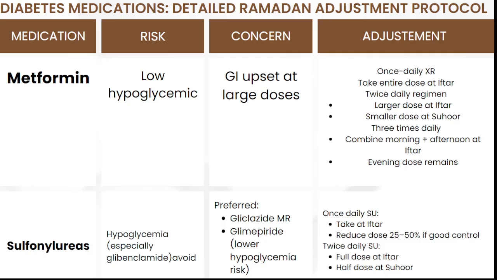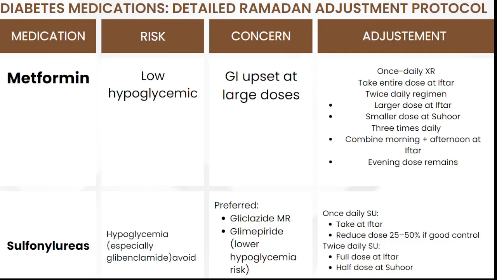If the patient is taking it once daily, I will make it after iftar to avoid hypoglycemia in fasting time if he was taking it after suhoor, and try to reduce the dose by 25 to 50% if control is good. If the patient is already stable and his blood glucose is controlled, I will try to reduce the dose according to response, by 25 to 50%.